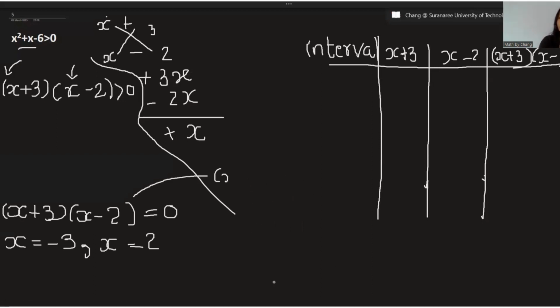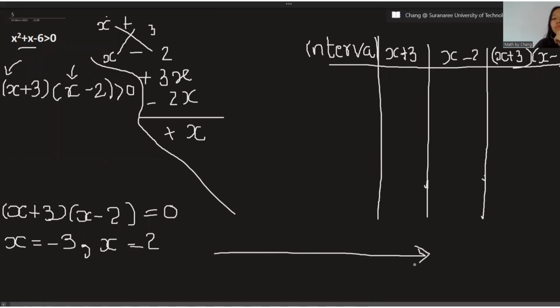So you have got the intervals here. Okay, let's draw a number line. You got minus 3 and you got 2 here.